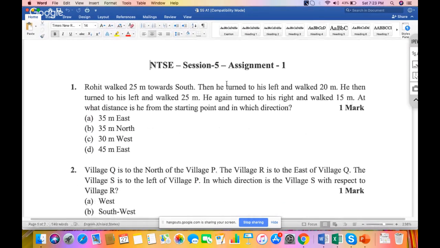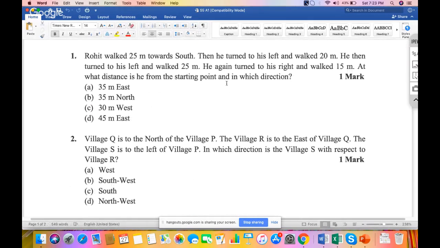Just solve the first two questions. Whenever you are answering, answer with the question number so that I can come to know which question you are answering.